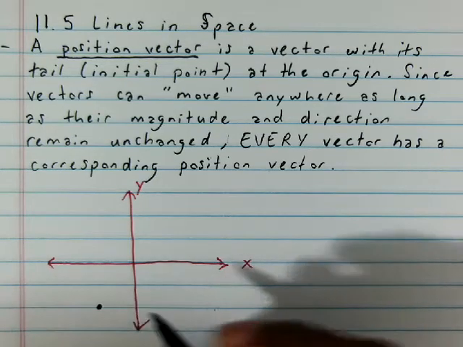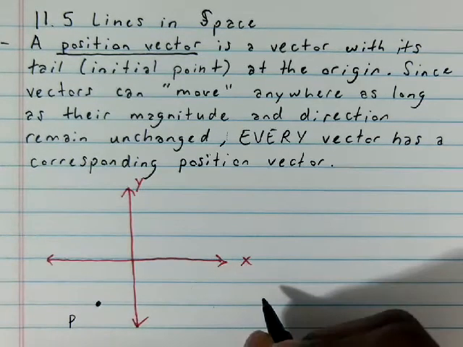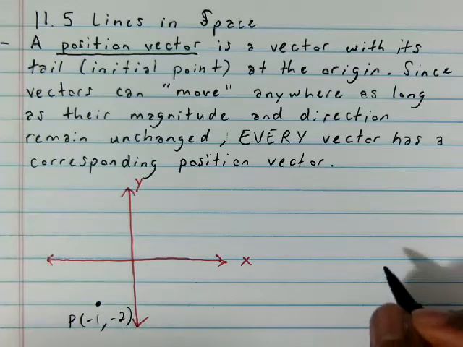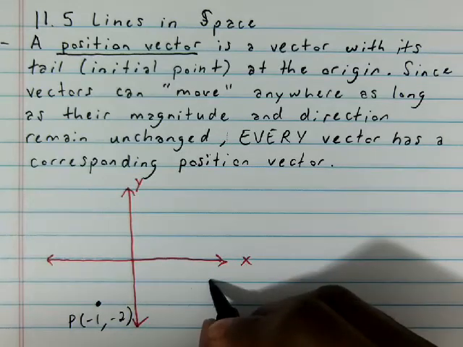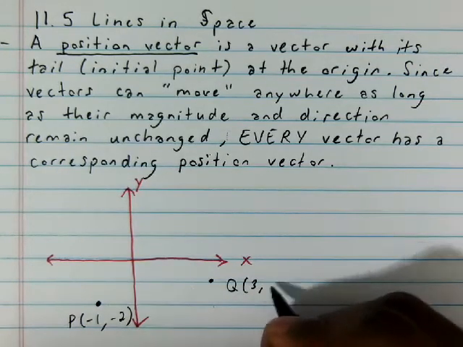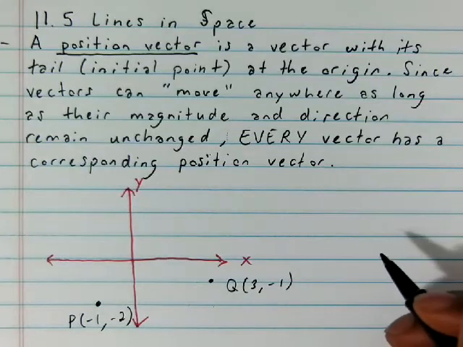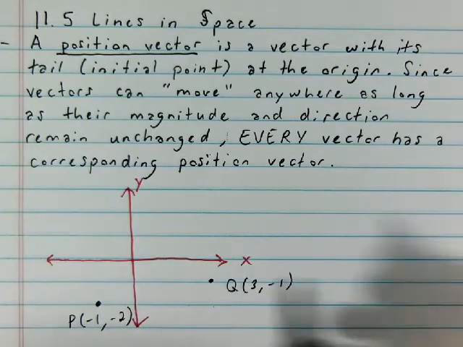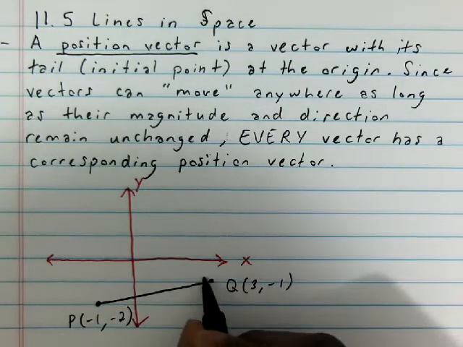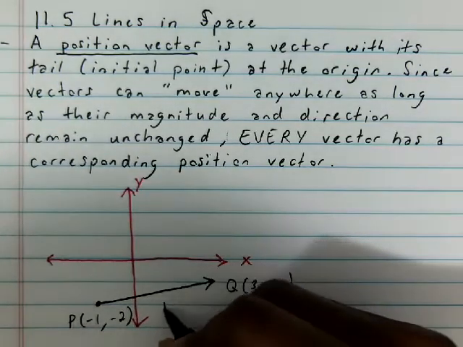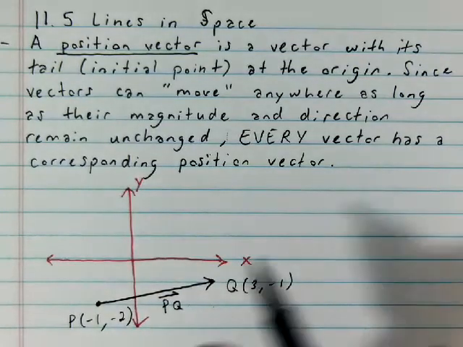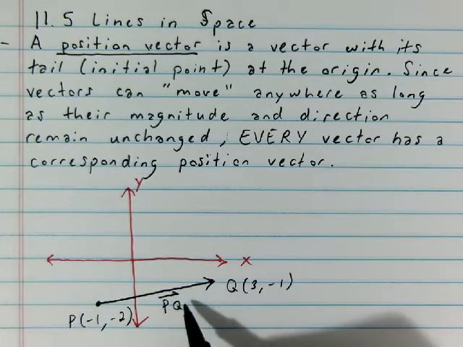We'll put a point right there and call it P, with coordinates -1, -2. And another point Q, let's say is 3, -1. We could talk about the vector PQ, which would be that vector right there.